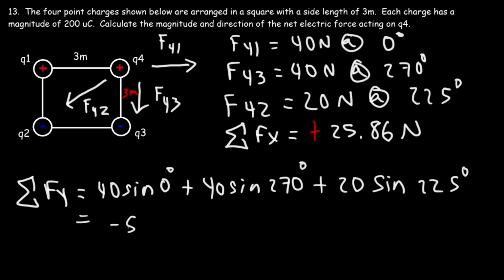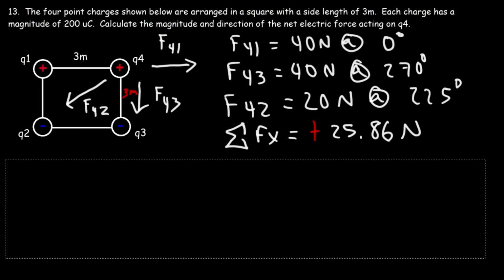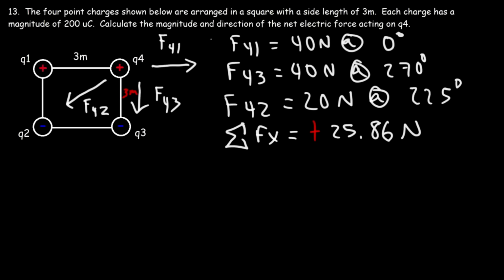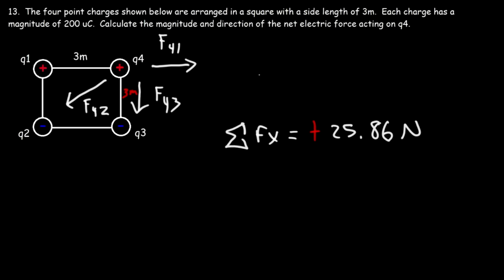So I got negative 54.14 newtons. So at this point, we can get rid of this data here. So this is negative 54.14.